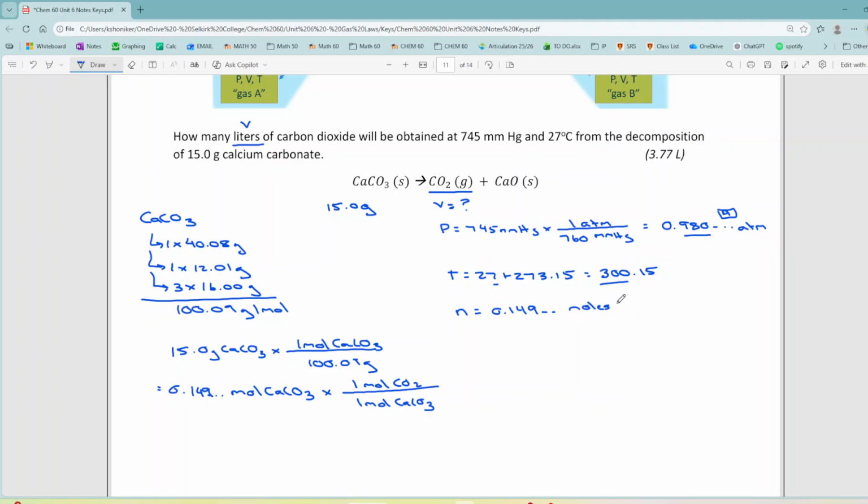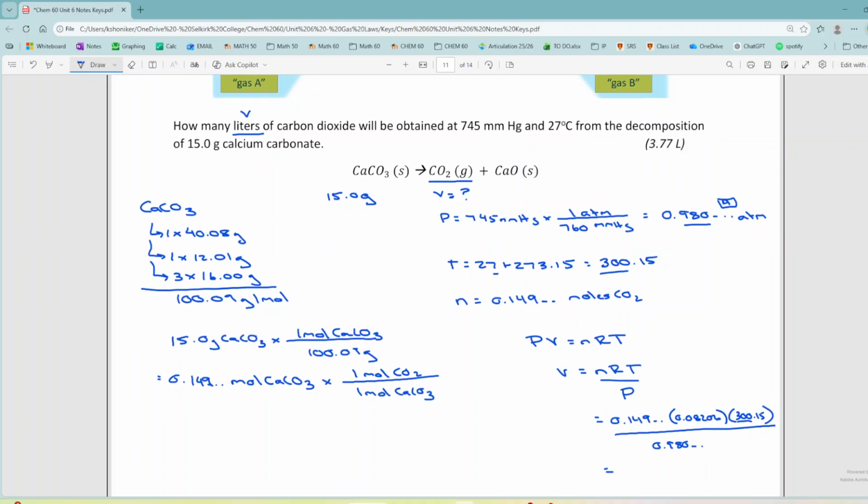moles of carbon dioxide. So then for here, I now have 3 pieces of information to find the fourth. I'm going to use PV equals nRT to solve for V. So V is going to equal nRT divided by P, and I'm going to put in all my information. So 0.149 times 0.08206 times 300.15, keeping track of sig figs, that's only 3, divided by the pressure, which is my A value.